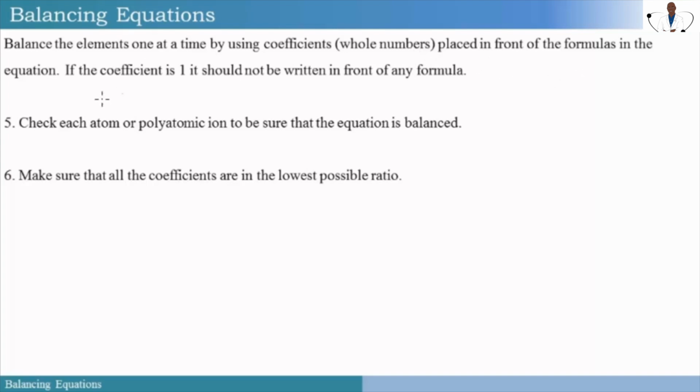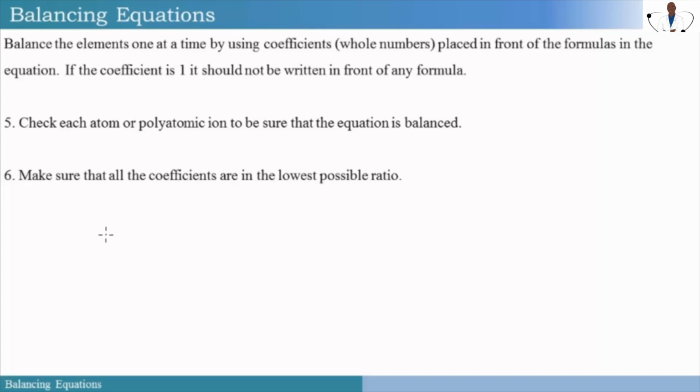But remember that if the coefficient is 1, then we would not put that number in front of the formula. Only if the number is greater than 1, then we put that number in front of the formula. Of course, we will check each atom or polyatomic ion to be sure that the equation is balanced. And then we make sure that all the coefficients are in the lowest possible ratio.